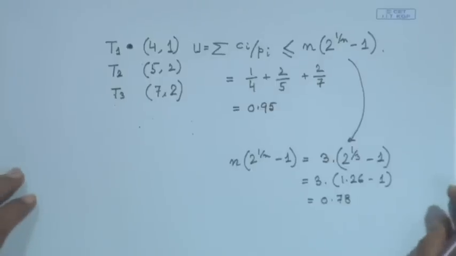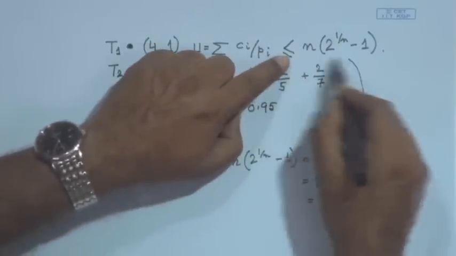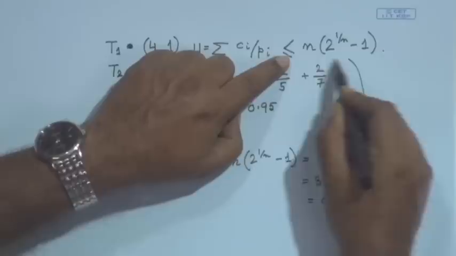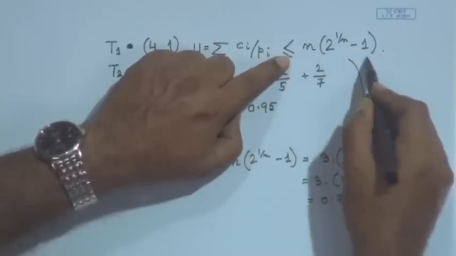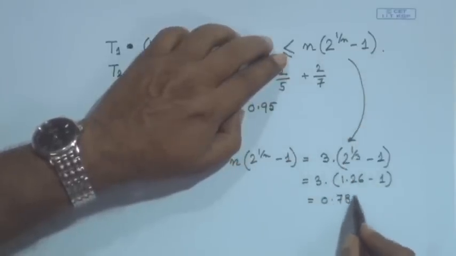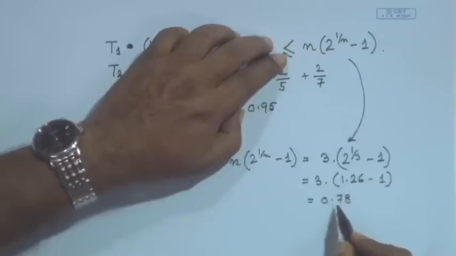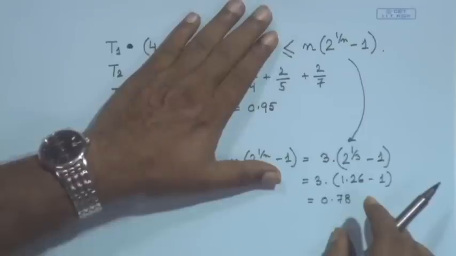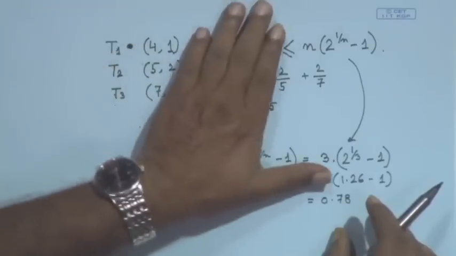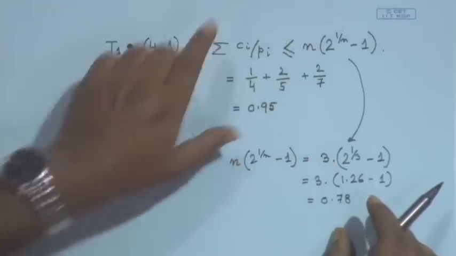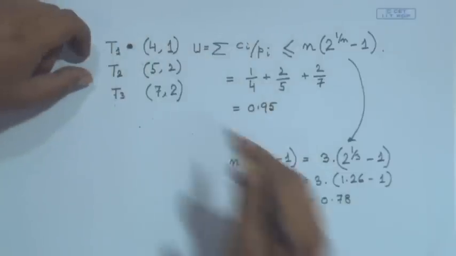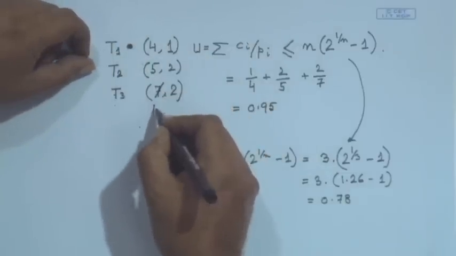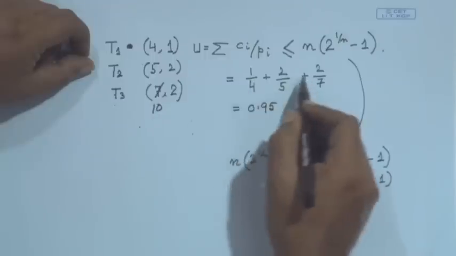What is the insight that you get here? The insight that you get here is that if there be more than 78% utilization of the CPU, then you cannot guarantee to schedule 3 tasks here, right. Now, under this scenario, for example, if I make it 10 for the third task, what will this become?